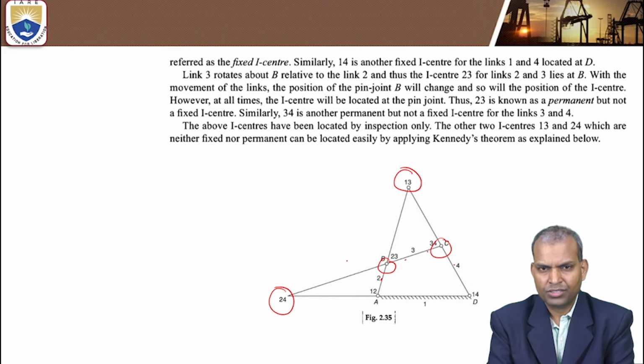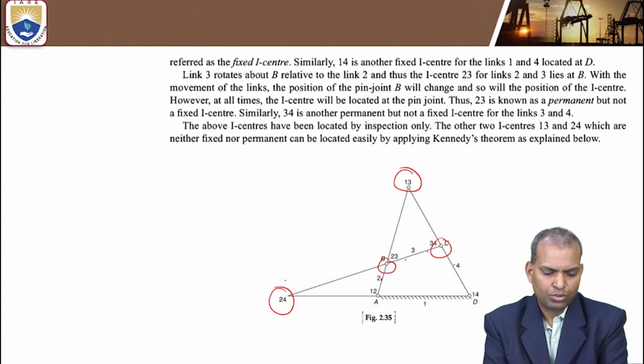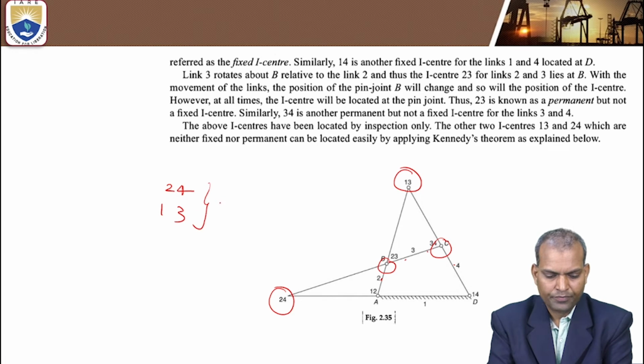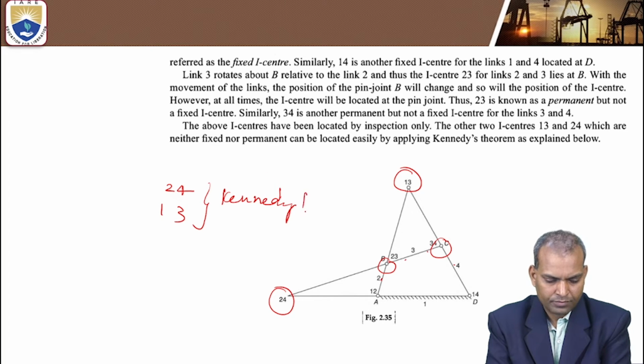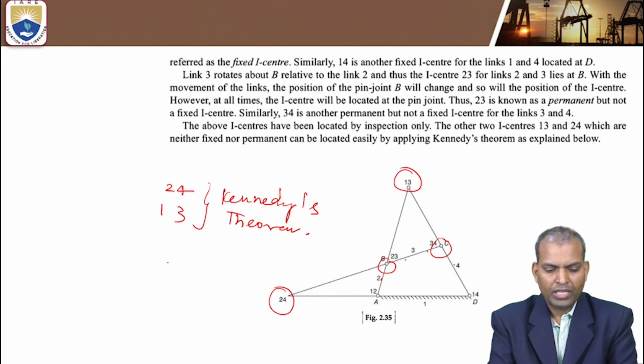These two are neither fixed nor permanent instantaneous centers. But these two, 2, 4 and 1, 3, are found by using Kennedy's theorem. We will find out how they are to be found.